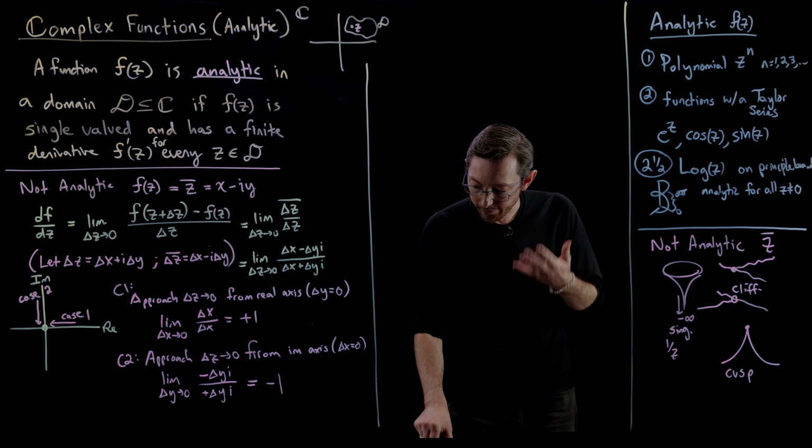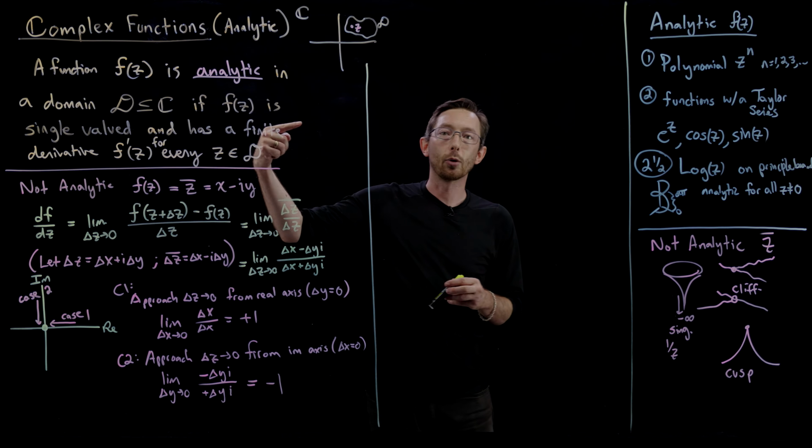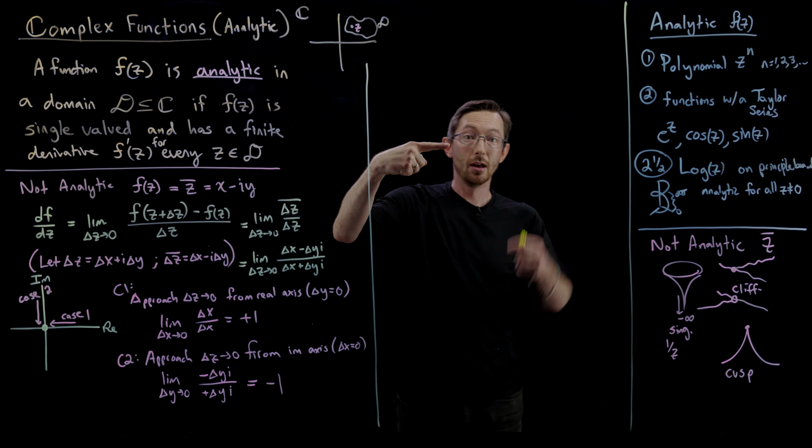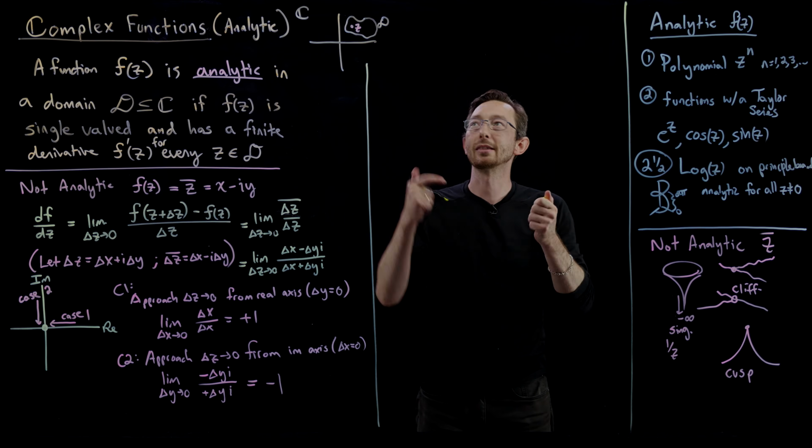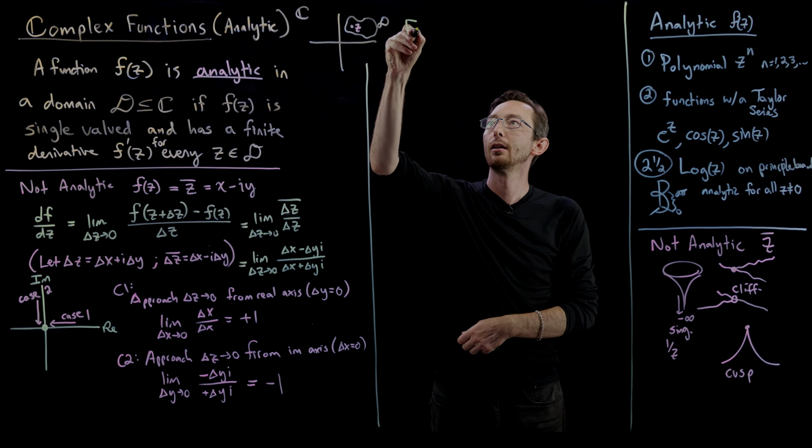Okay, so for a function to be analytic, we need its derivative to be the same no matter what direction I approach that derivative. I'm just going to write this out.